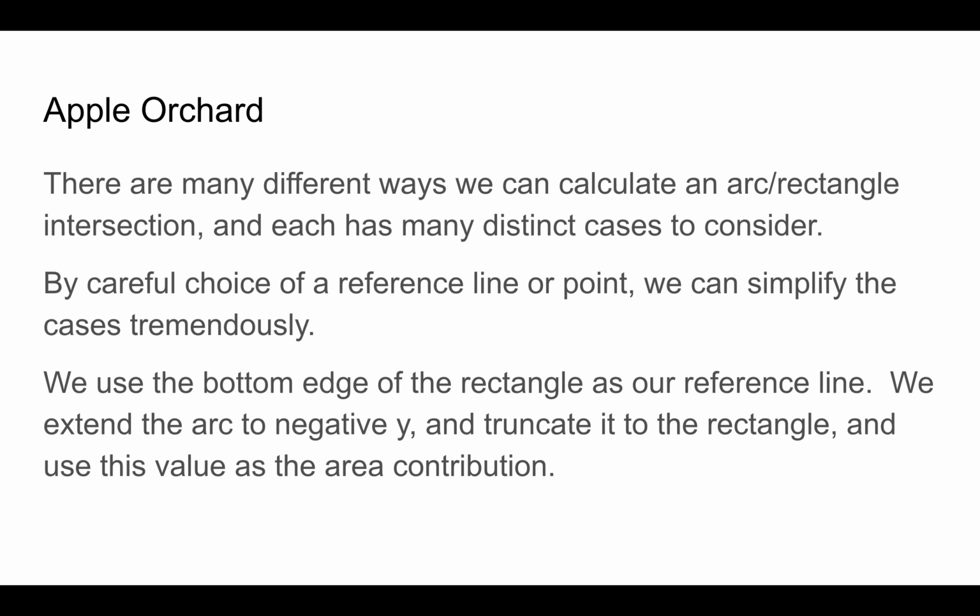By choosing this as our reference line and considering the intersection of the arc projected down in y, we realize that any arc that lies completely to the left or completely to the right or completely below our rectangle does not contribute any area at all. And there are other simplifications that are made by this, so that's really nice.